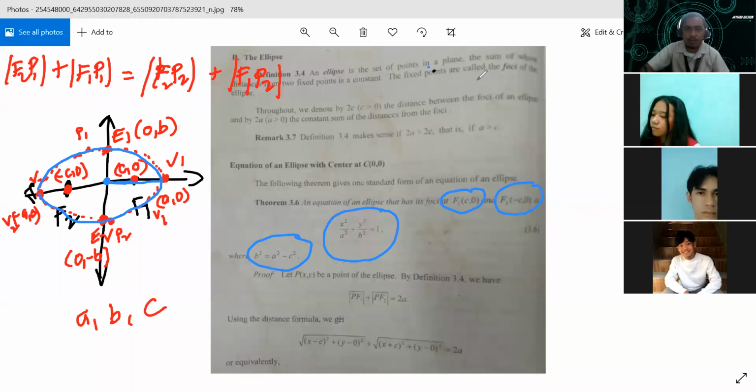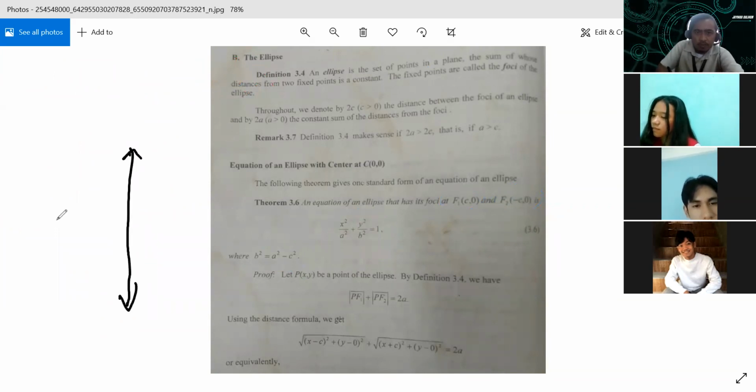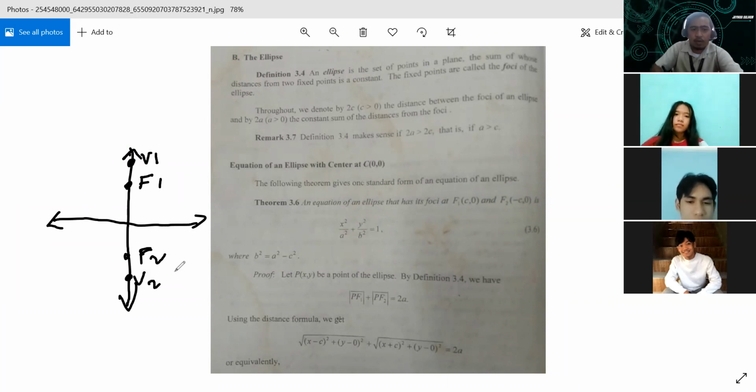And the other way around, let me erase that. The other one is something like this. Let me change it to black. Say for example, your focus 1 is here and your focus 2 is here. So, of course, your vertex 1 must be here and your vertex 2 must be here.